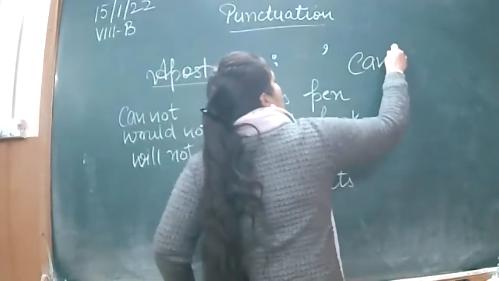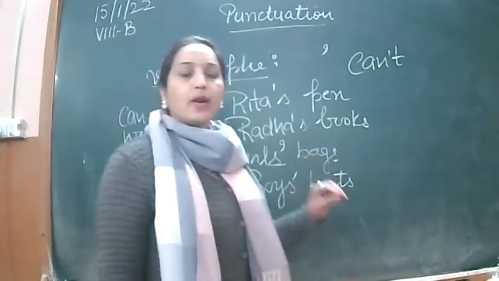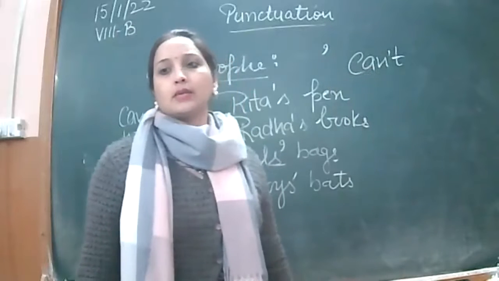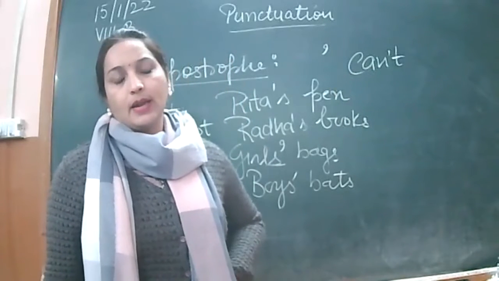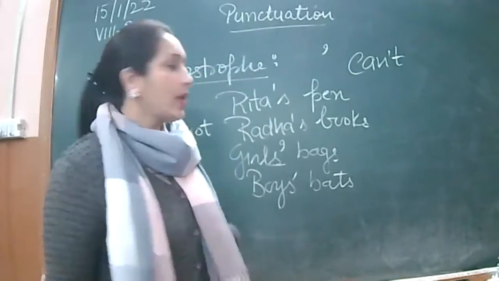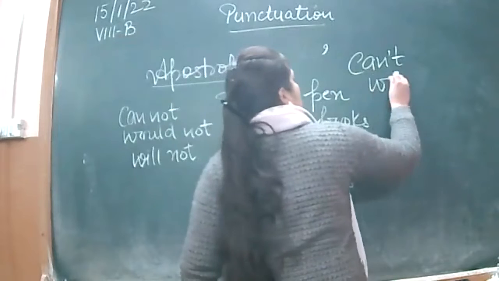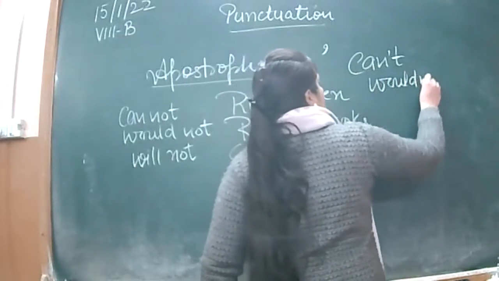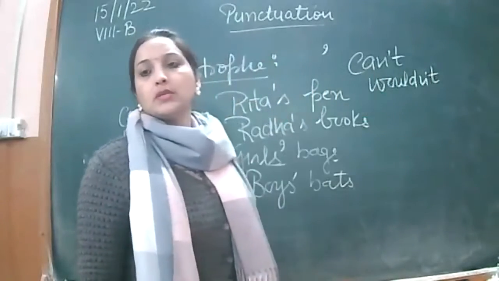Can't is written like that. I am so surprised. Why do they write a double N in it? It should be can't, C-A-N apostrophe T. Would not, the short form will be wouldn't. Here in this sense, the apostrophe is used.